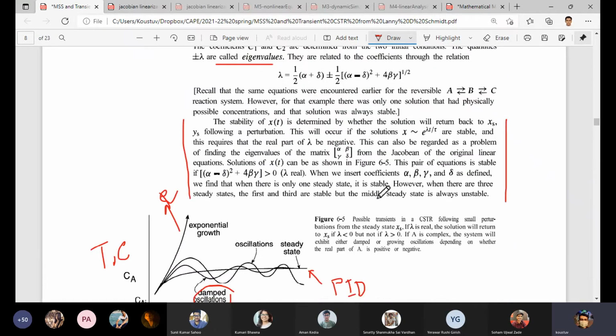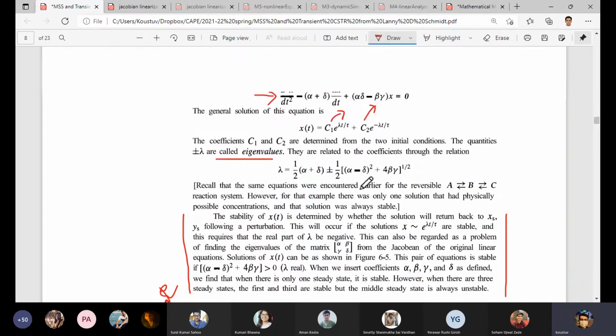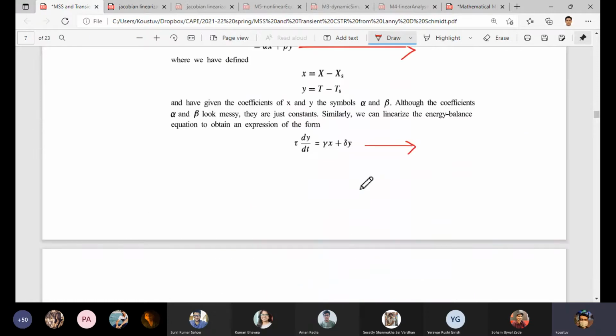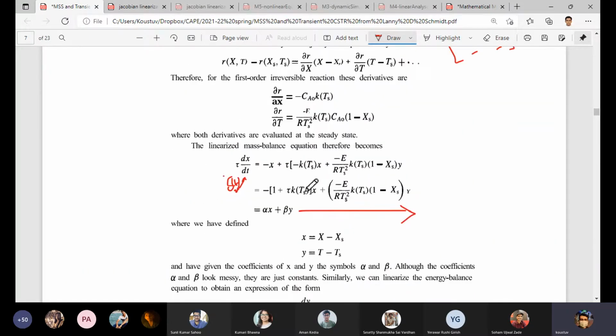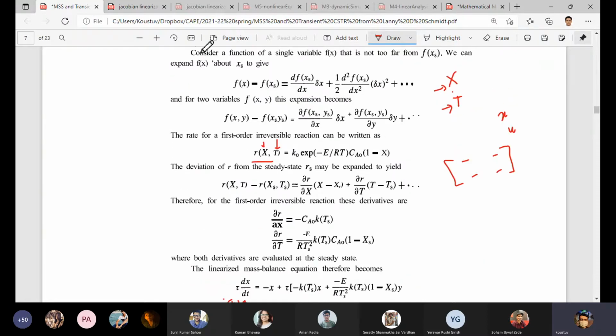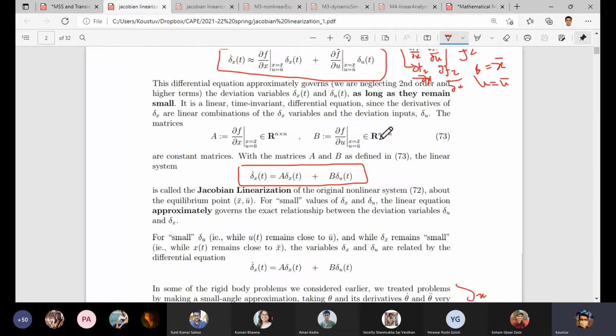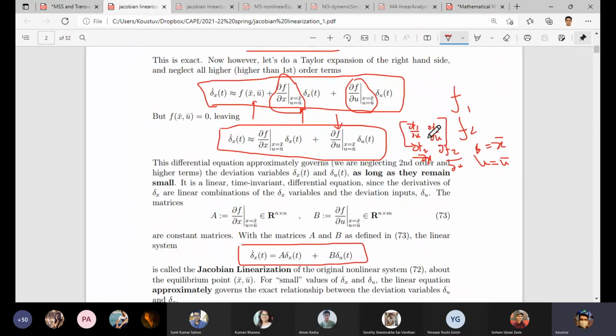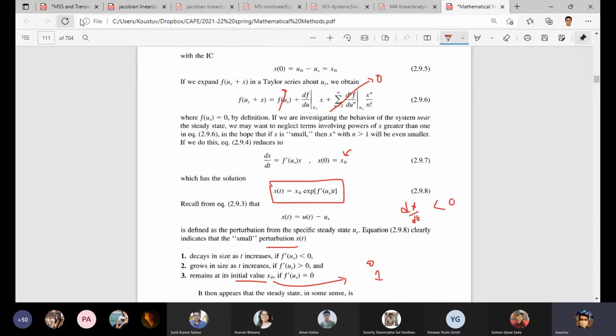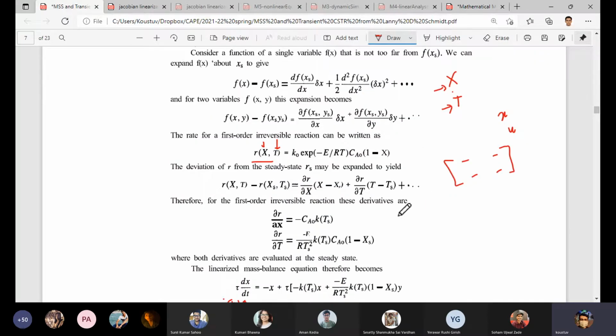These eigenvalues of these equations can also be obtained from the matrix analysis. If we just take out the matrix of coefficients, that means alpha, beta, gamma, delta, what are these? These are nothing but the derivatives calculated at the steady state point. That means the one I was writing here, del f/del x, so this is basically the matrix. If we calculate the eigenvalues of this matrix, whether the eigenvalues are real numbers or imaginary numbers, and the sign, that actually tells you the behavior.